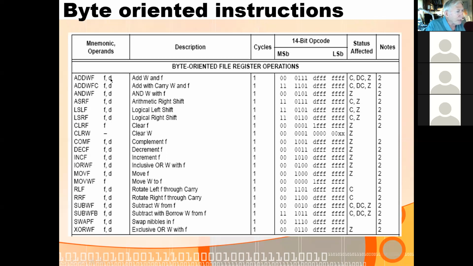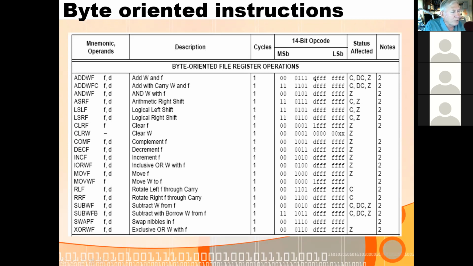Now, if you look over here where you see the actual 14 bits, notice that for this add W to F, you have 000111. That's the opcode. The opcodes can be different lengths. In this case, the opcode is 7 bits. In this, the opcode is 6 bits.